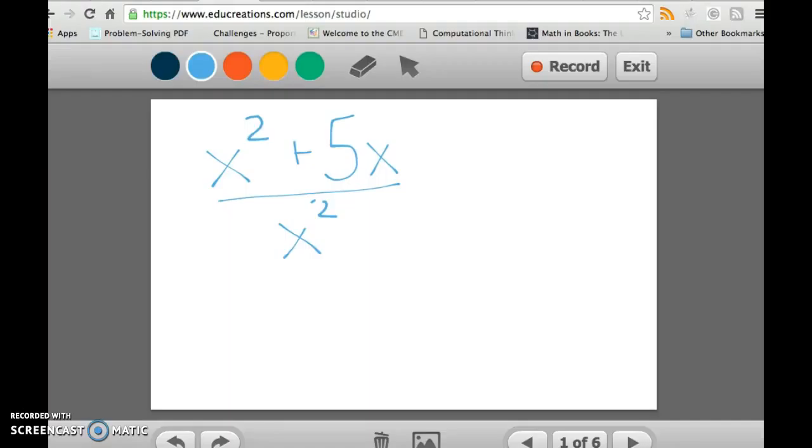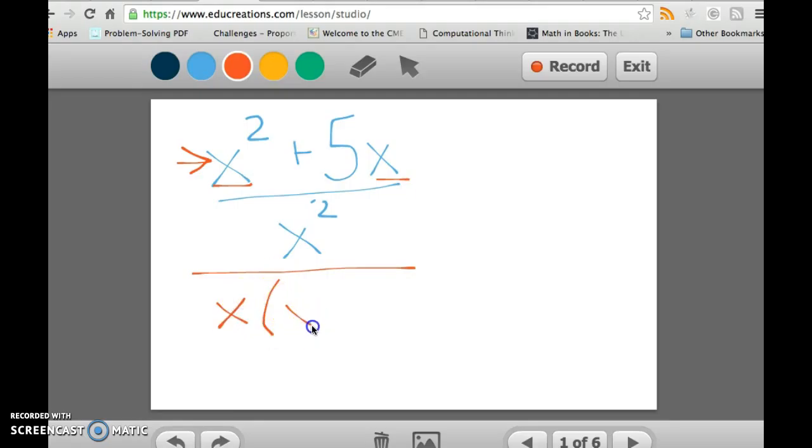So first example, I have x squared plus 5x over x squared. First I have to factor these things. If I factor what's on top, what both of these terms have in common is an x, so I'm going to pull that out front.